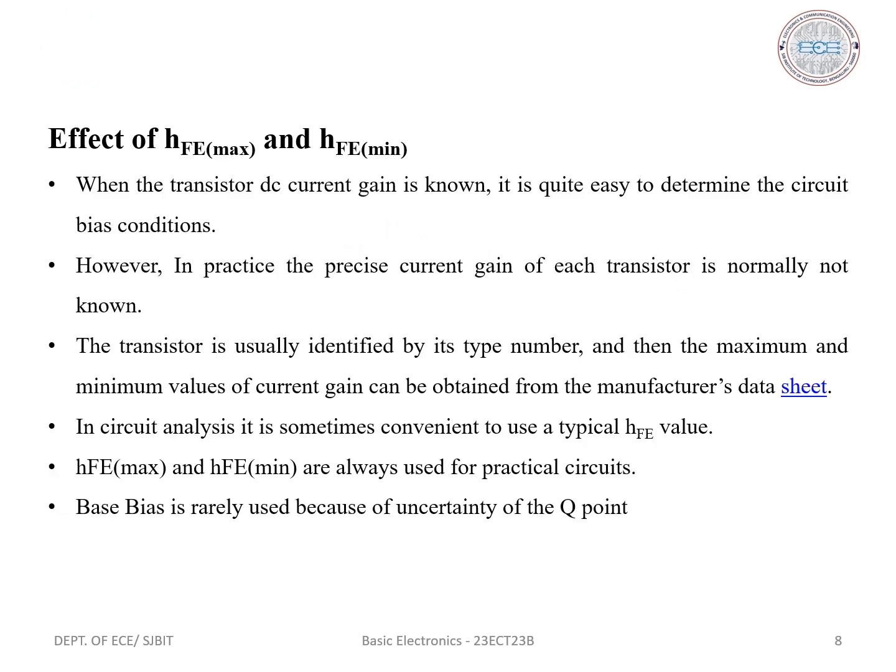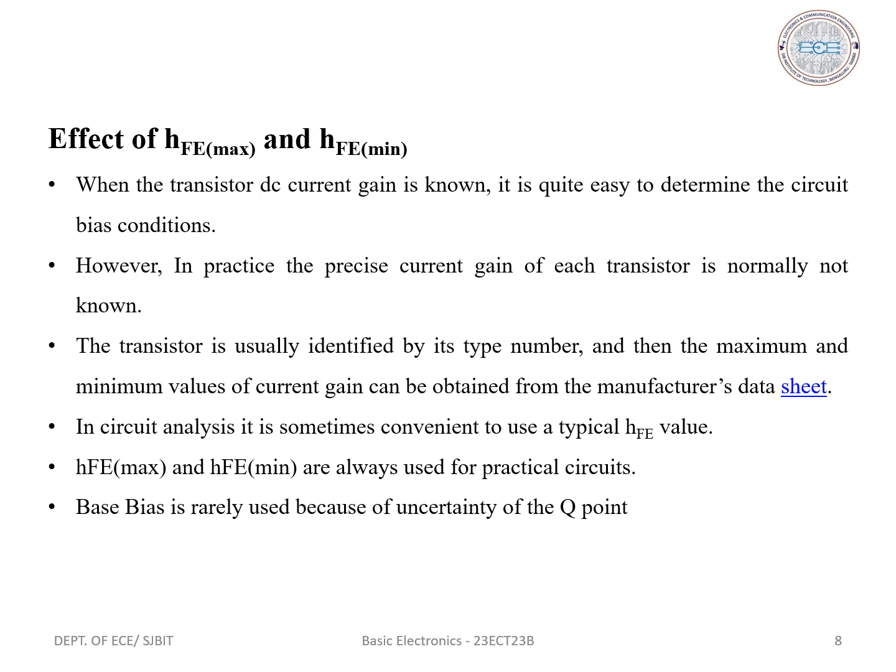So next, the effect of HFE maximum and HFE minimum. We know that when the transistor DC current gain is known, it is quite easy to determine the circuit bias conditions. However, in practice, the precise current gain of each transistor is normally not known.